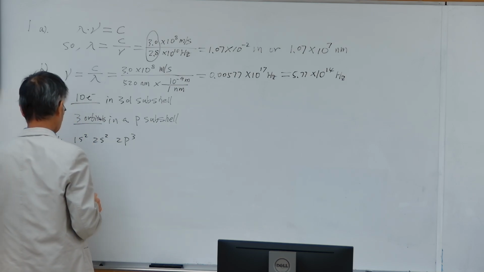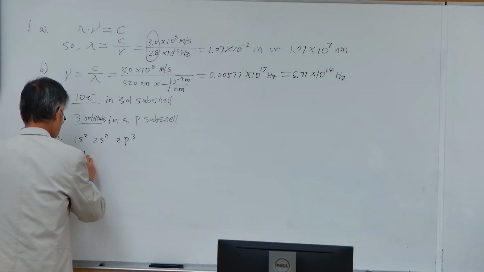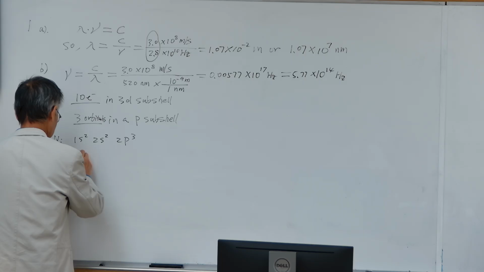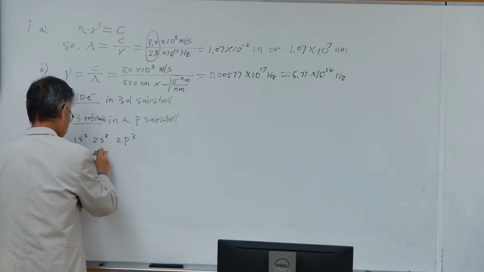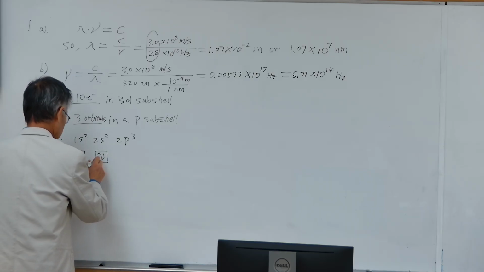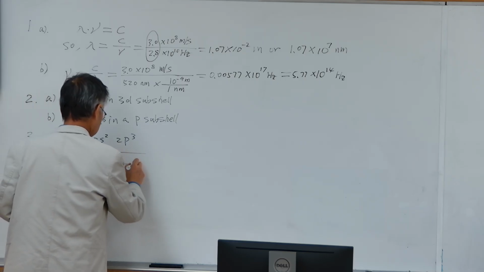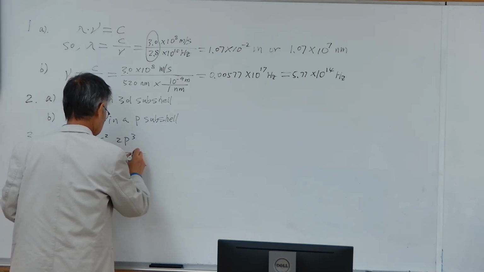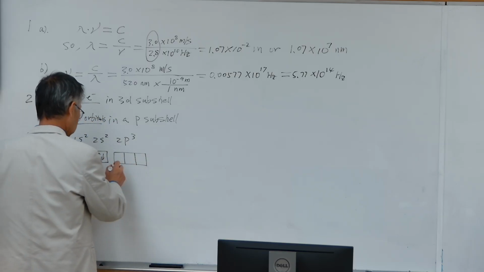Other 7 electron. Then orbital diagram should be 1s2, so 2 electron in 1s orbital. 2s2 again 2 electron in 2s orbital in opposite spin direction. 2p3 you have 3 orbitals, 3 electrons according to Hund's rule.